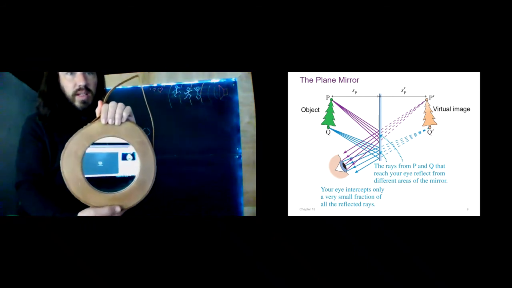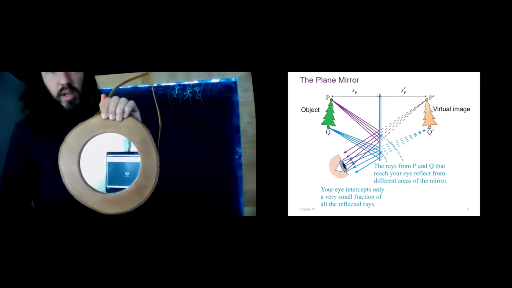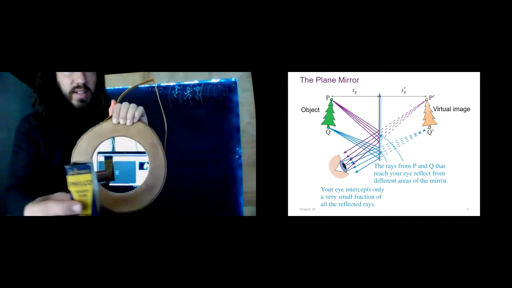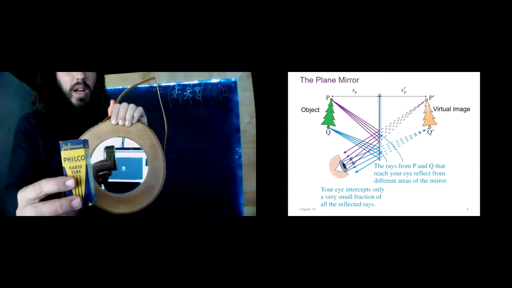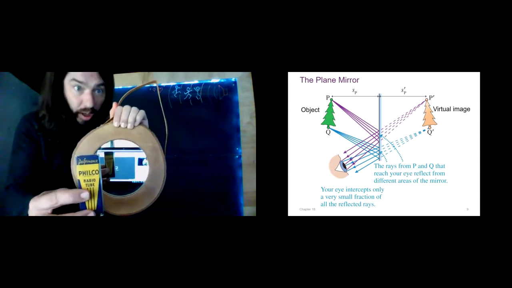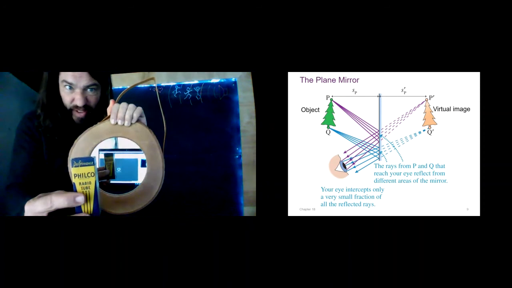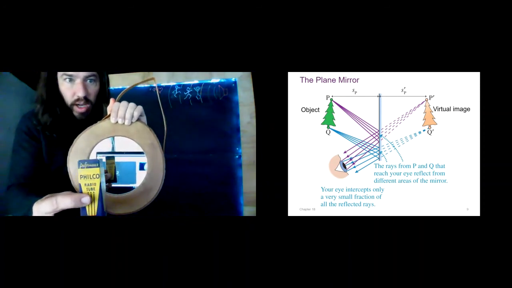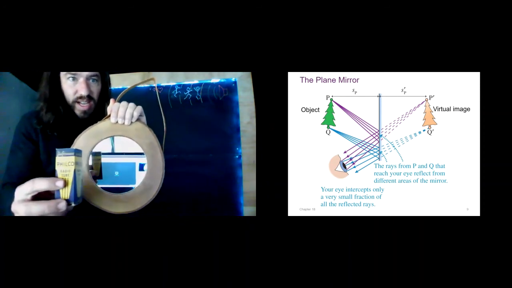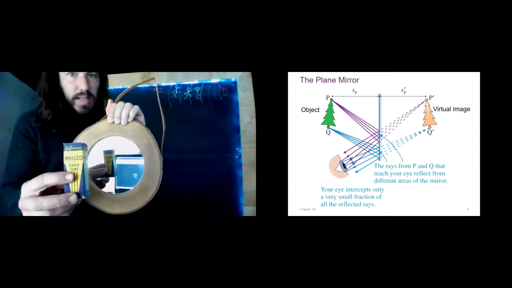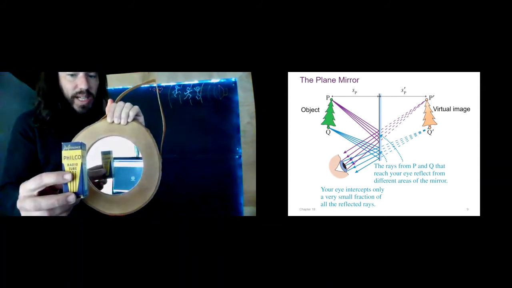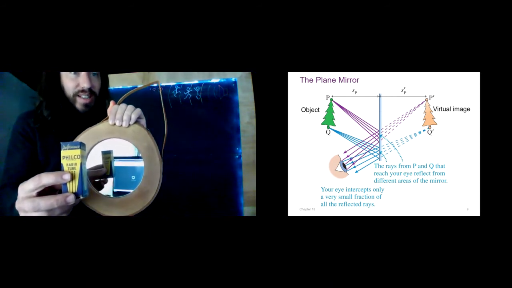Oh, look, this is what it looks like to me. So, here I have this lovely antique vacuum tube, like one might put in a guitar amplifier, for example. You can see there's actually a lot of images happening here, because one image is the reflection in the mirror, right?